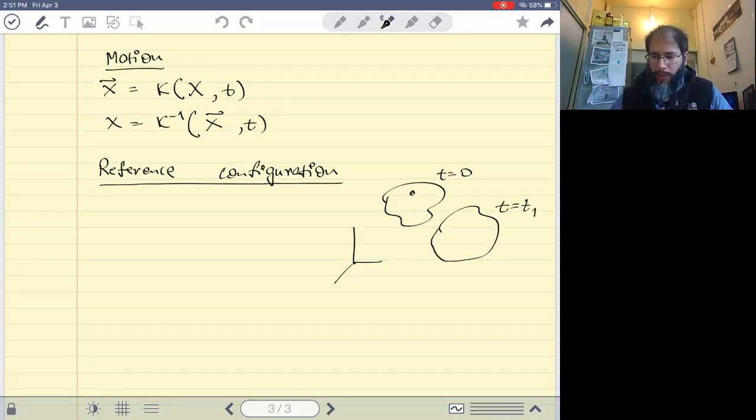So point A initially was here, and now the point A has moved here. So the point A has displaced.